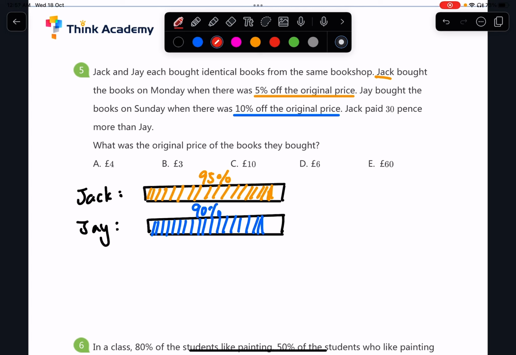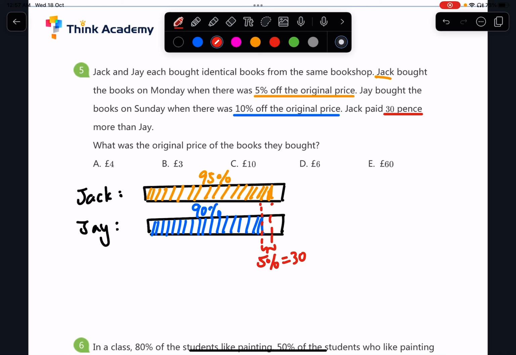Okay, so what is the difference in percentage? The difference in percentage is 5%. And it's exactly equal to 30 pence, right? Because Jack paid 30 pence more. So now I know that 5% of the price equals 30. Then I want to find the original price of the book, the whole book, right?